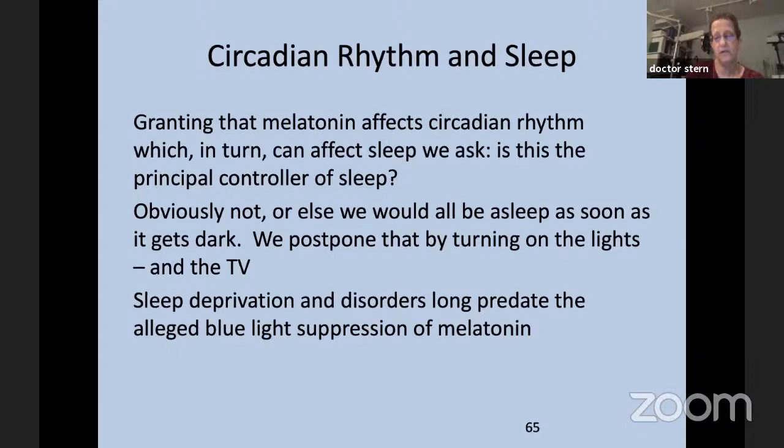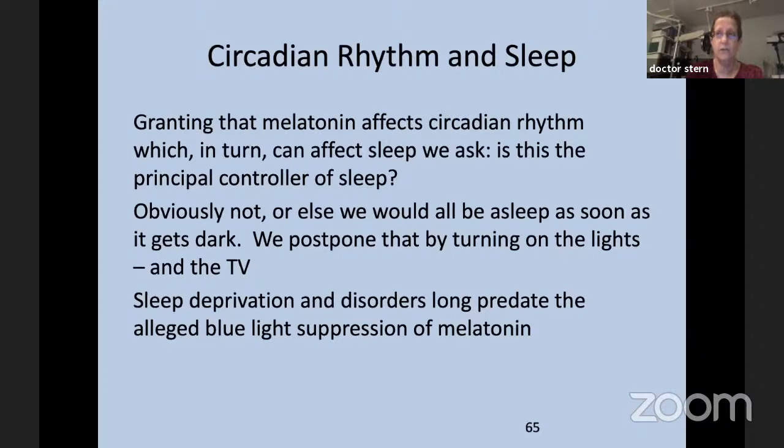Obviously we postpone that when we turn on lights or television, but they do say that sleep deprivation and disorders of sleep long predate this blue light suppression of melatonin. So it may not be the main thing that affects sleep, but it does play a role.